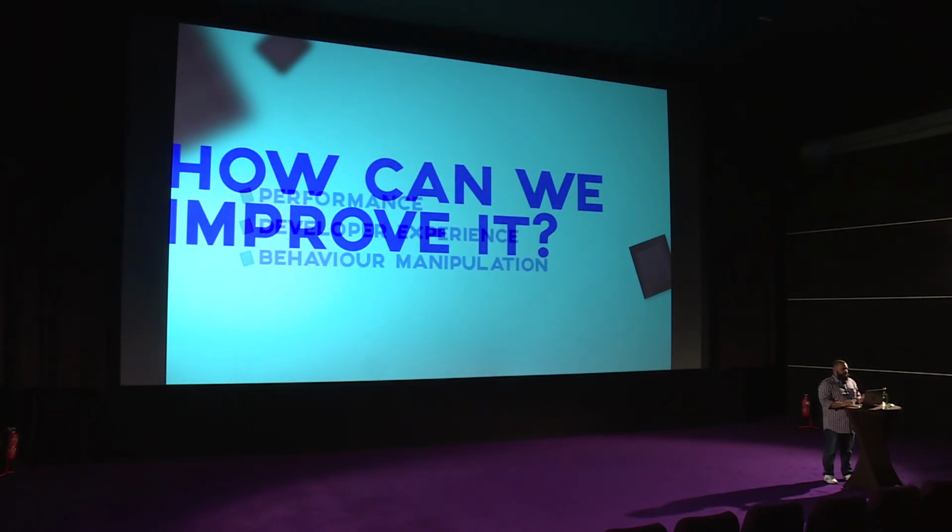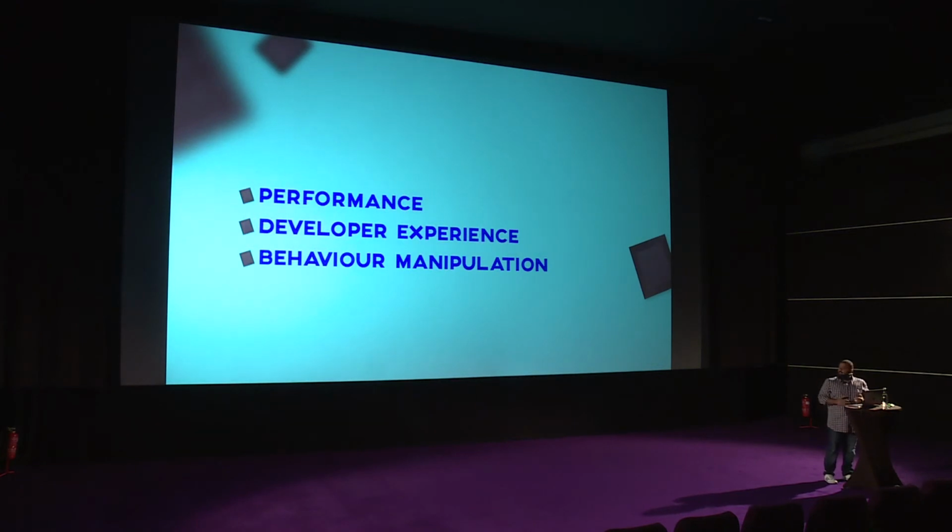Because when we are working with CSS animations, we have those three problems at the base. The performance for CSS animations is not that good, especially if you are working with mobile applications. The developer experience also is not that good, because if you are creating huge animations, you have to write a huge CSS file with a lot of keyframes, and it will be hard to maintain afterwards.